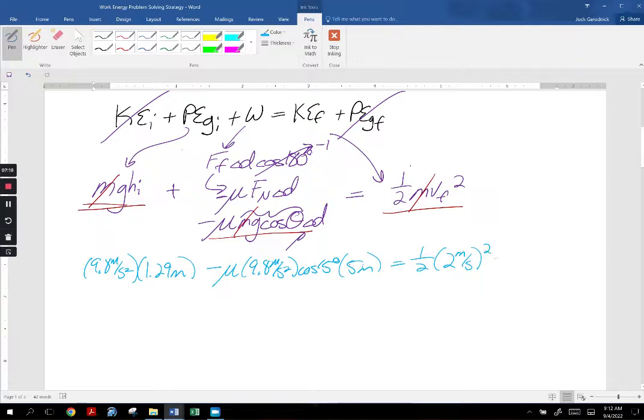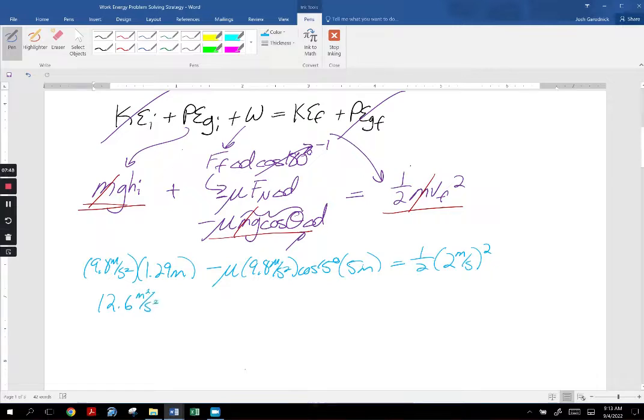Here's the thing. It may be tempting to immediately solve for mu, but these problems are going to get pretty complex. And if you go from here to an answer and I can't figure out what it is, it's really hard to figure out where you made your mistake. So what I'm asking you to do is to do each little section here, like the 9.8 times the 1.29. I can do that right away. That's going to be 12.6 meters squared per second squared.